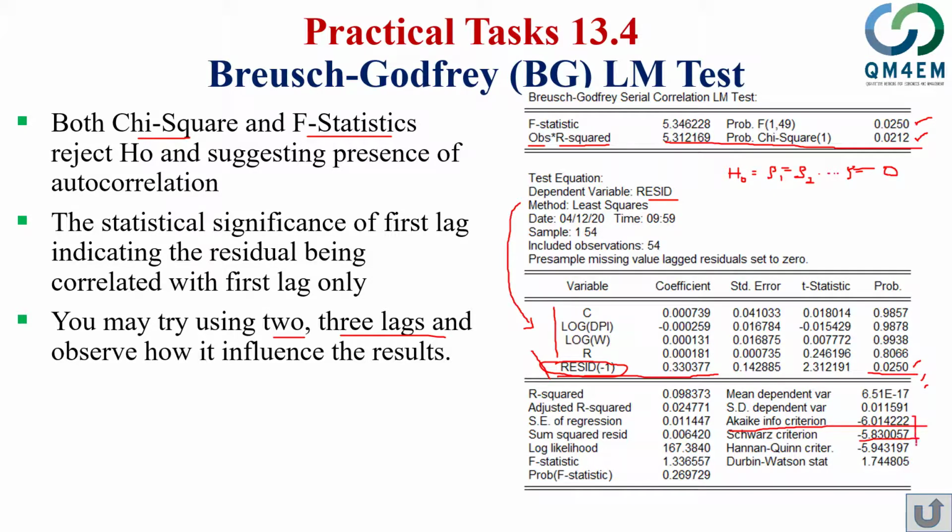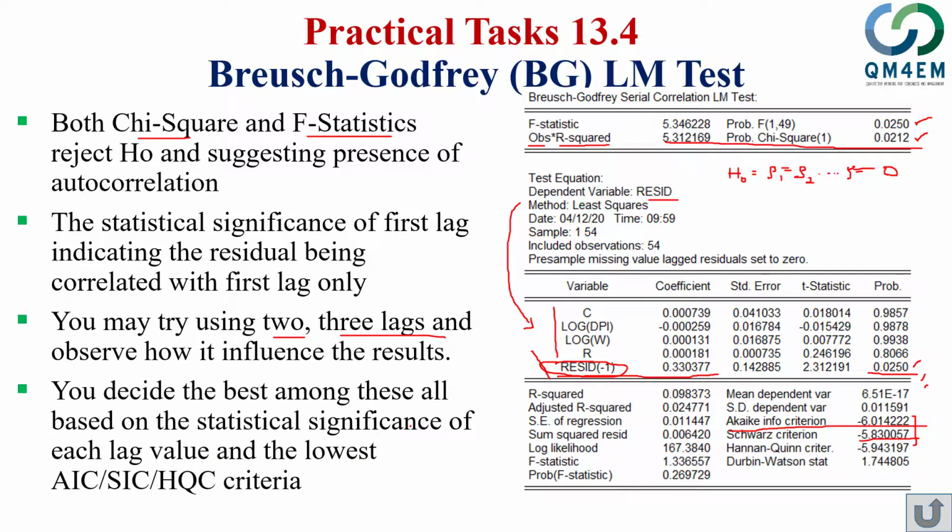As per the author of the book, he tried it, and apparently the first lag model was performing excellently, having the lowest AIC value. So that's why it says the first lag is better. The conclusion is that there is a problem of autocorrelation and it is of order 1.